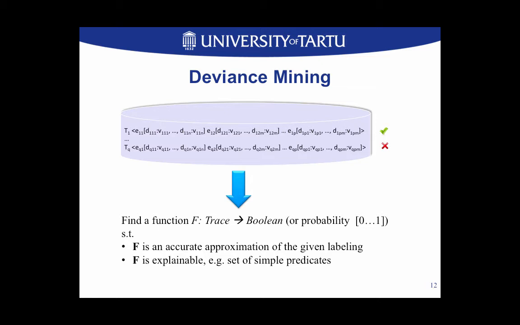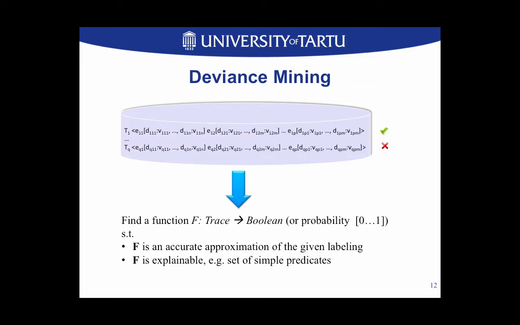So users label the traces as this is good, this is good, this is bad, this is bad, and you want to derive an analytical function that approximates the user's opinion. You want this to be as accurate as possible in the sense of classification accuracy, precision and recall, but you also want this function to be explainable.